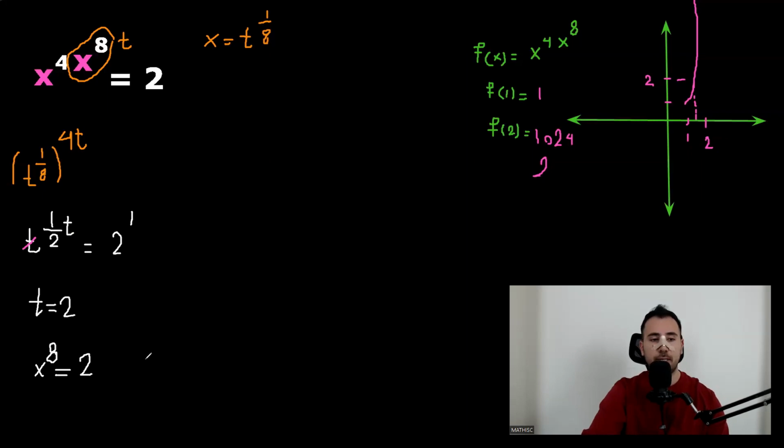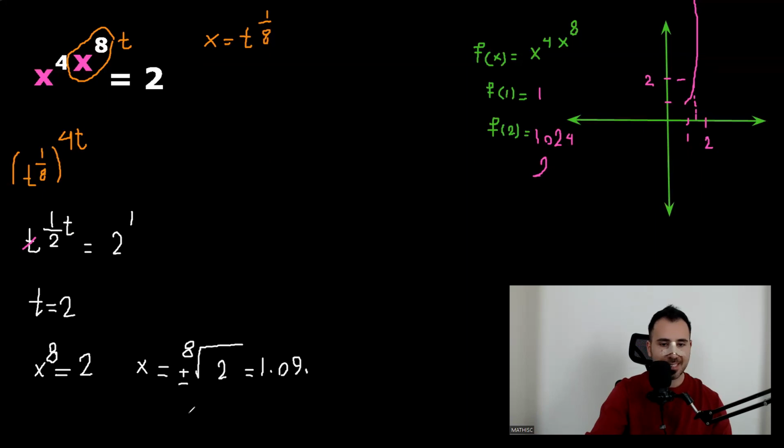So from here, x would be the 8th root of 2. Because it's an even number, I'm going to add a positive and negative, okay? It's going to be 0.905.